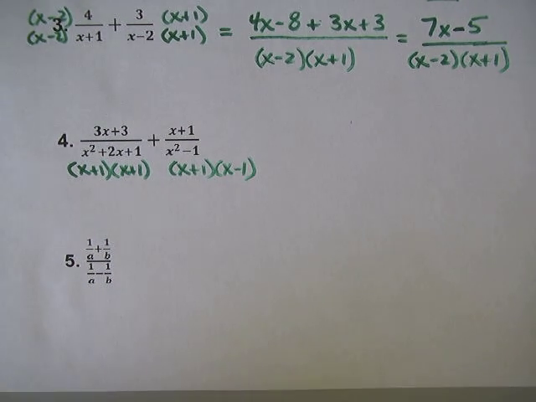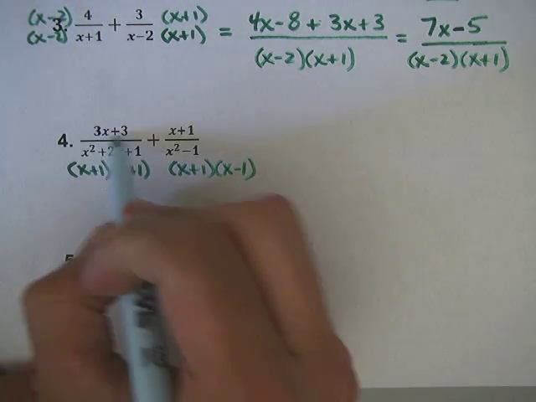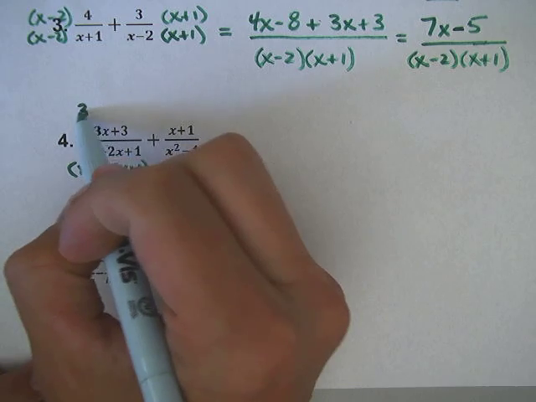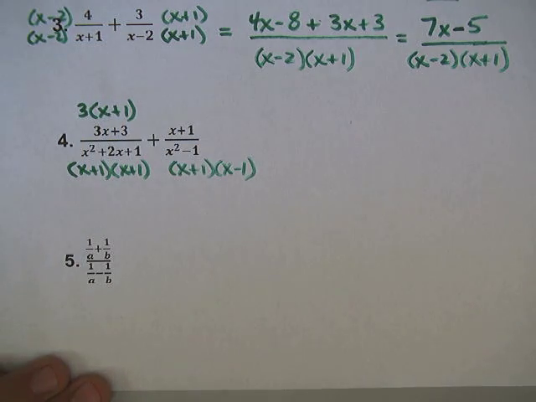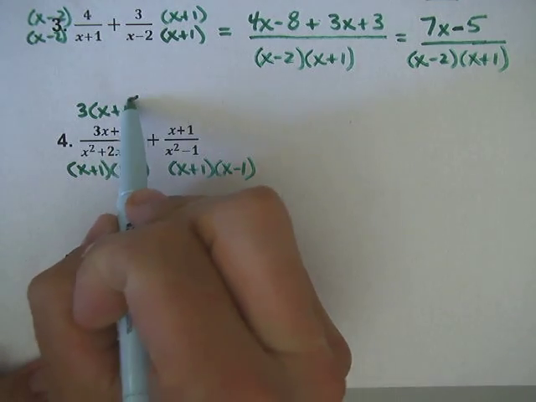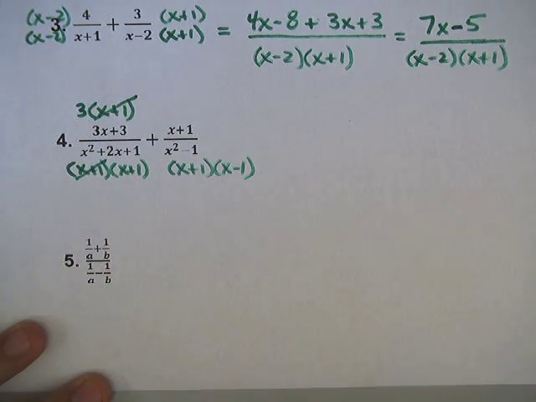So I can do a couple things here. One is I could multiply this by x minus 1 over x minus 1 on top and bottom, and then this by x plus 1 over x plus 1. But what you could also do is be smart about it, and I noticed at the top here I could factor out a 3.